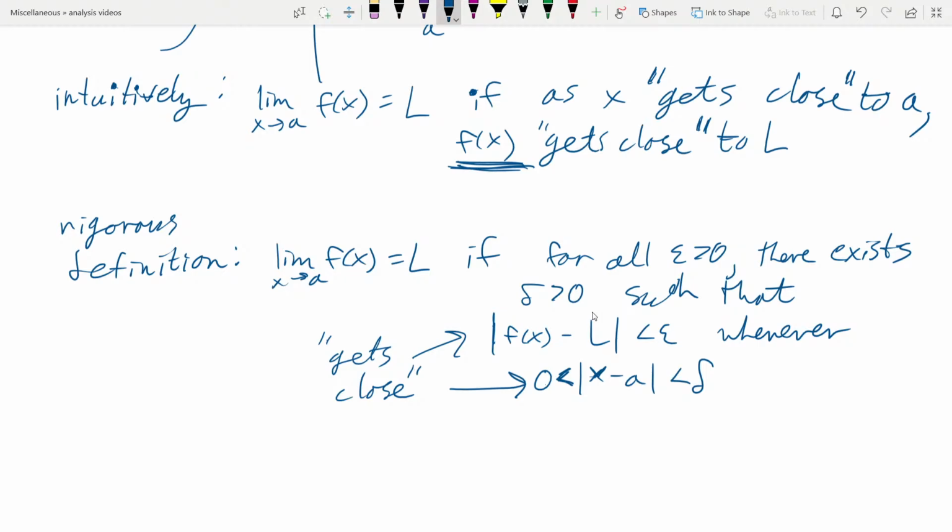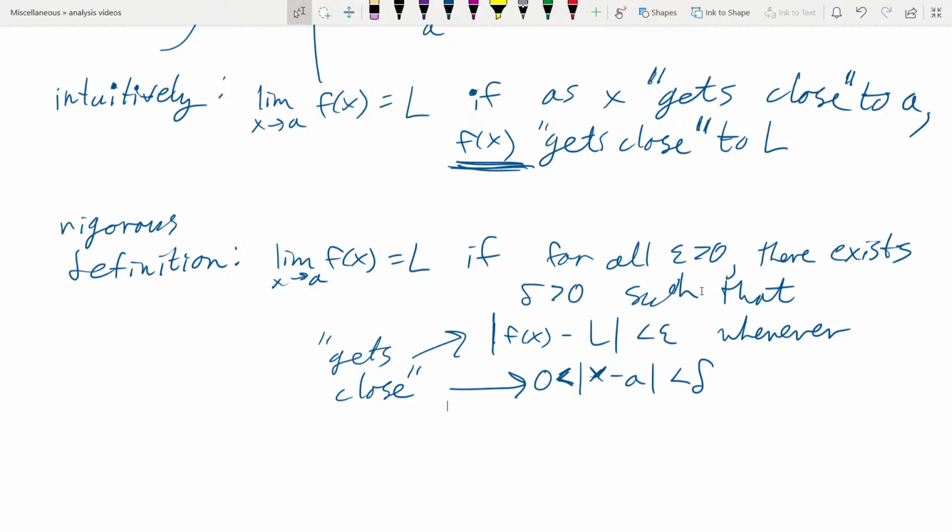So the idea is that for a given error, which could be arbitrary, an epsilon, within which we want f of x to lie of L, we need to be able to figure out a corresponding error for the independent variable x, such that if x lies within that error of a, then f of x will lie within epsilon of L. So this is a precise expression of the idea that f of x gets close to L as x gets close to a.